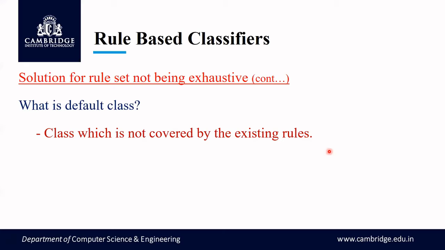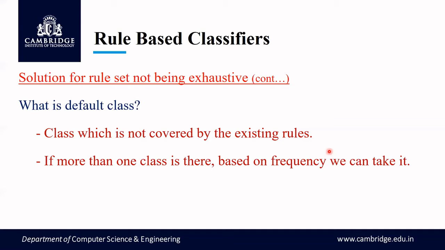There might be another possibility that I have a rule set which is covering all 6 classes present in the training set. In such cases, how do we consider a default class? For that, the solution is, if more than one class is there, then we can go for the frequency method. What is this frequency method?